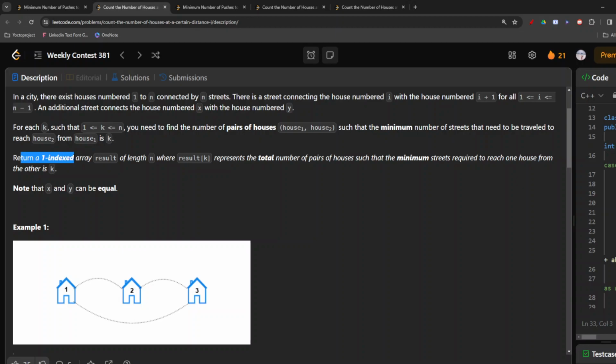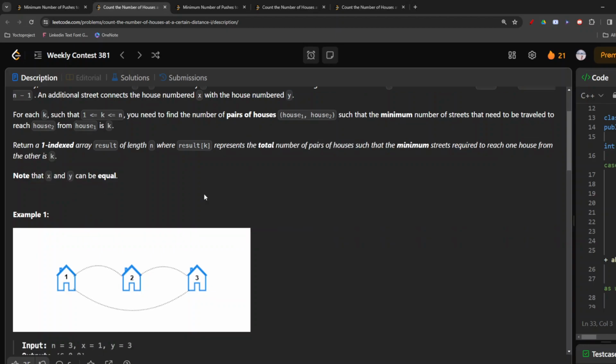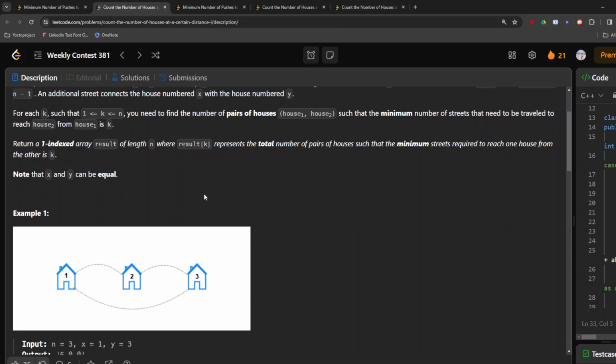And we are required to return a 1-indexed array result of length n, where result of k represents the total number of pairs of houses such that the minimum streets required to reach one house from the other is k. And note that x and y can be equal as well, meaning the same house.